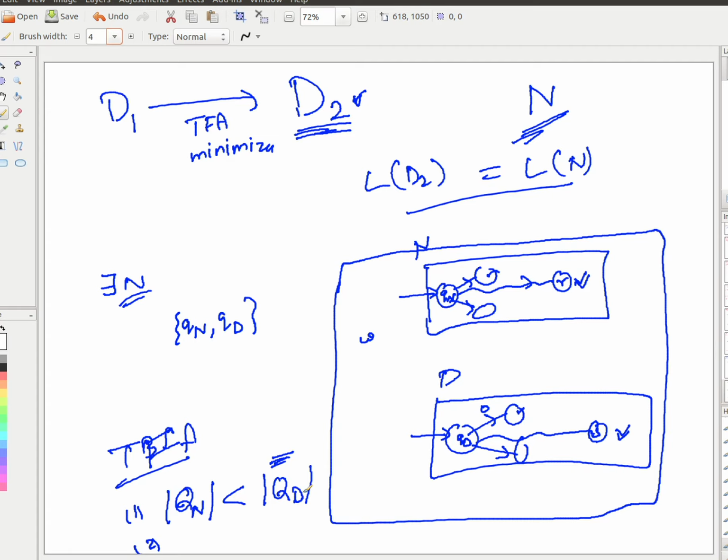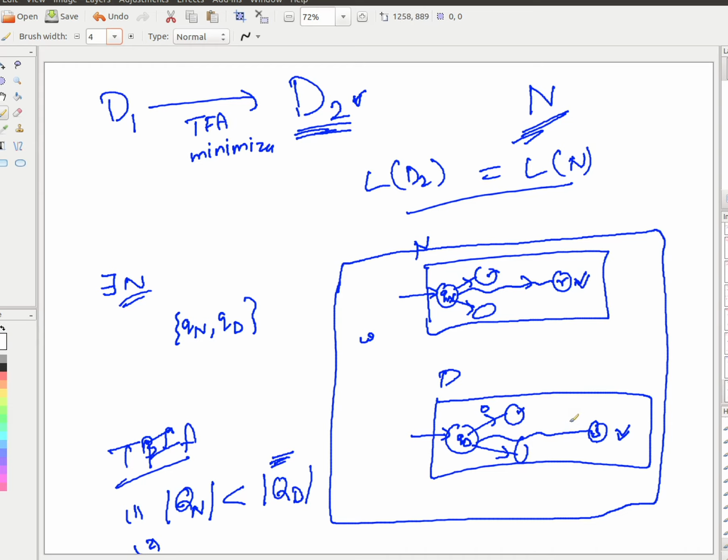But can it happen? Can it happen, because D is the output after the table filling algorithm? So can you find two states on D2 which are equivalent? No, and therefore it's a contradiction. You can never find two equivalent states on D2, because if two states on D2, some x and y, are equivalent to some z, they are equivalent to each other also, right, using transitivity.